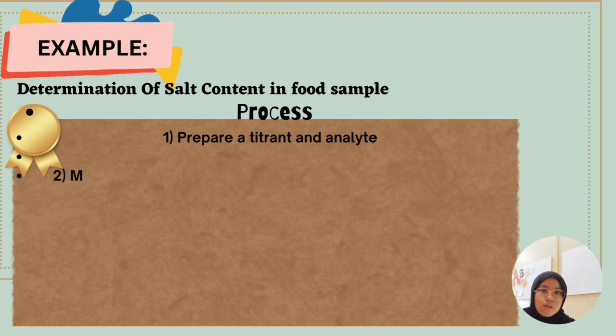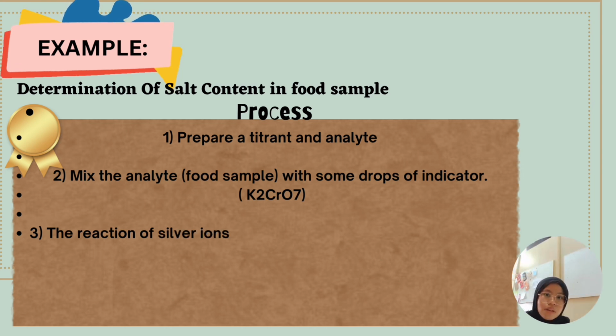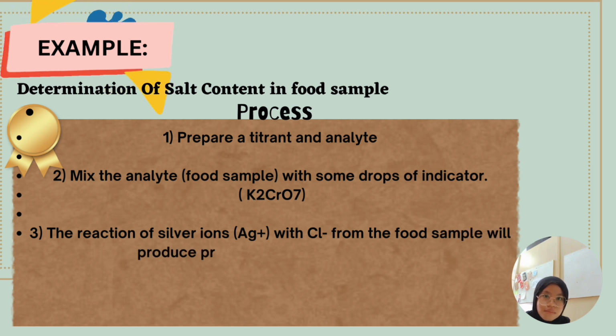Not to forget that the use of potassium chromate as an indicator is important, as it plays a vital role in indicating the end point of the titration and making it observable. As a result, the reaction of silver nitrate with the food sample produces silver chloride precipitates as products.